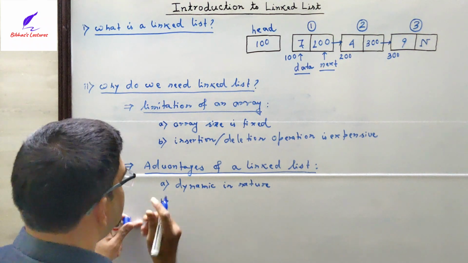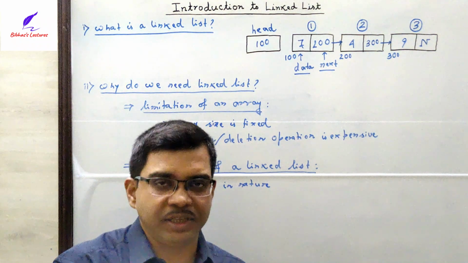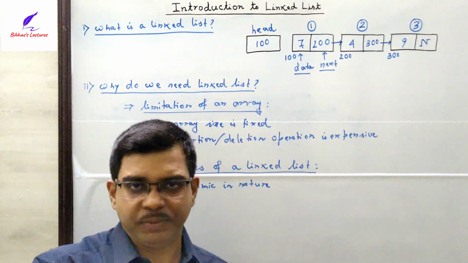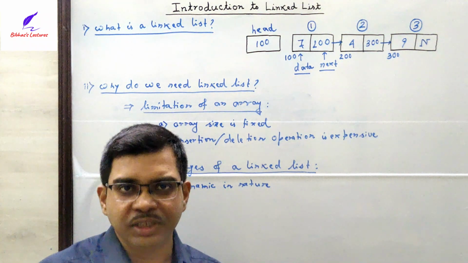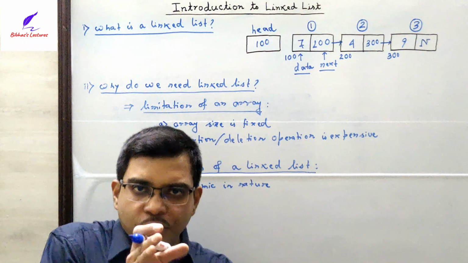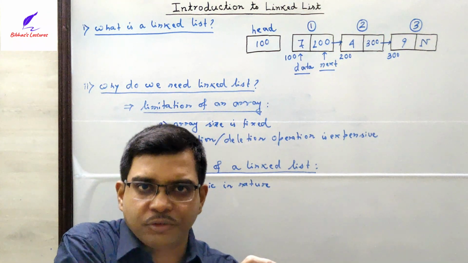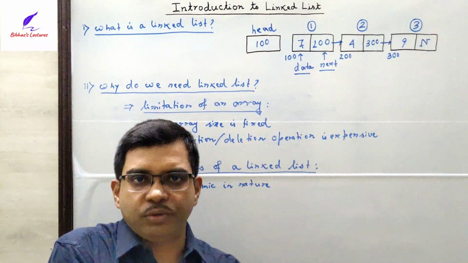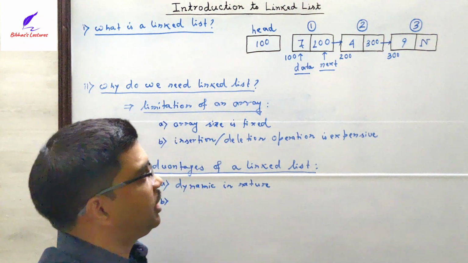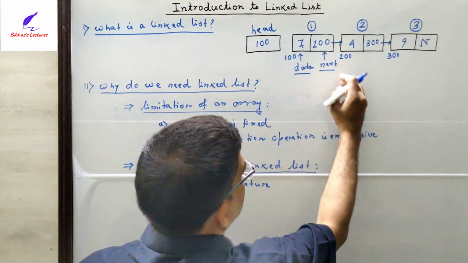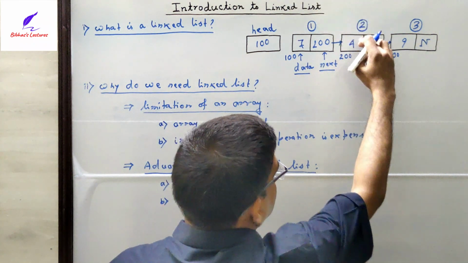Number 2 point is that insertion and deletion operation is not an expensive job in case of linked list, because here the nodes are not stored in contiguous memory location, so you do not need to shift any nodes. Suppose from this linked list I want to delete the second node.